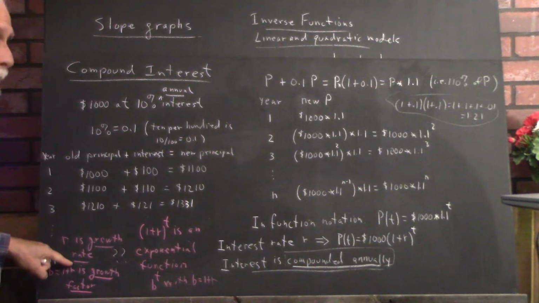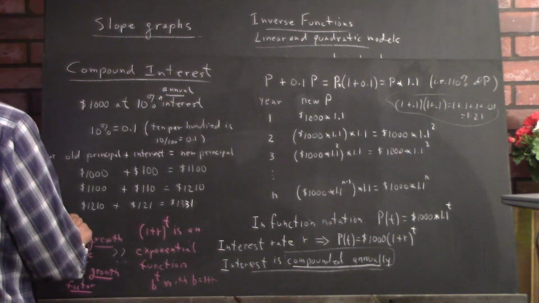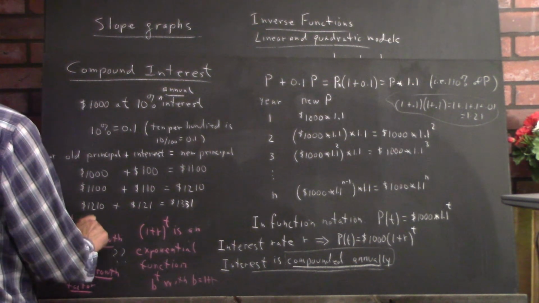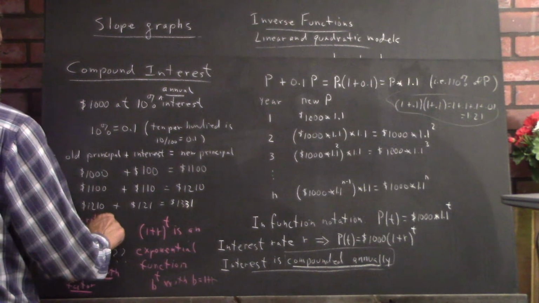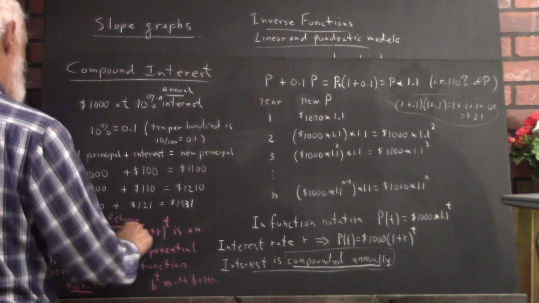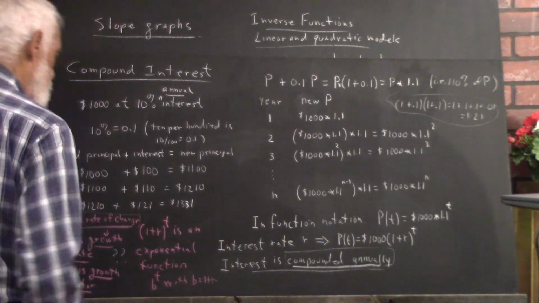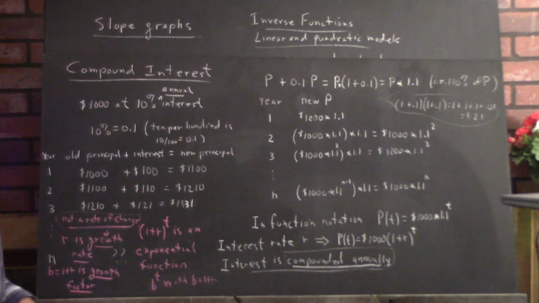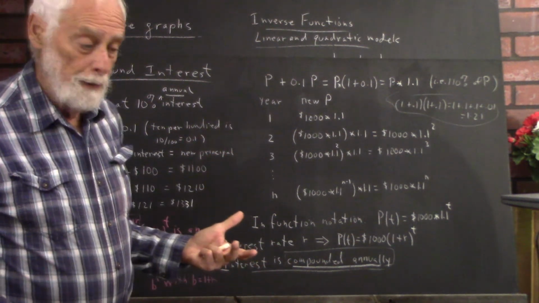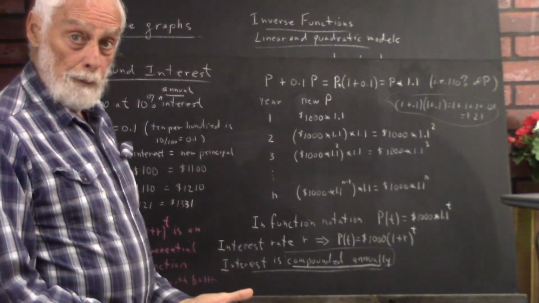And a growth rate is not a rate of change. So you want to keep that in mind. A rate of change is a slope of a fundamental triangle. It's a change in one quantity divided by a change in another.